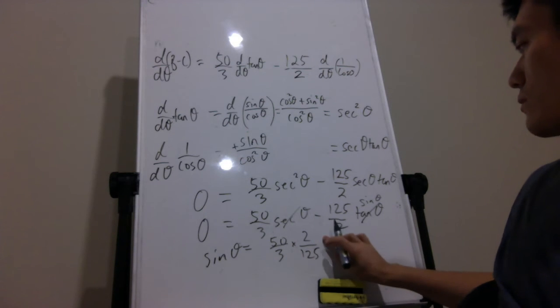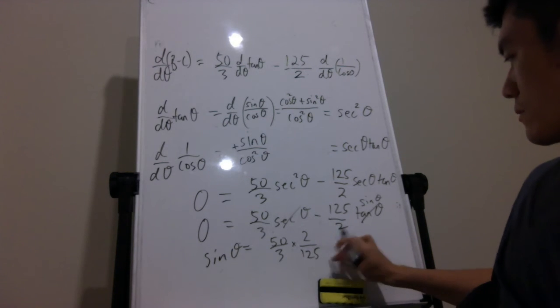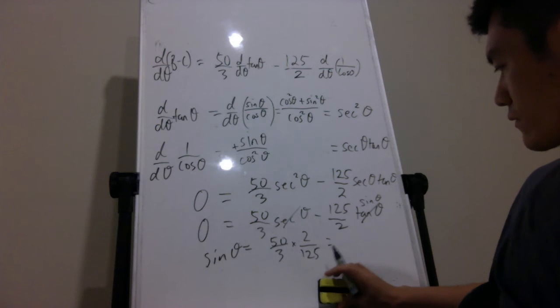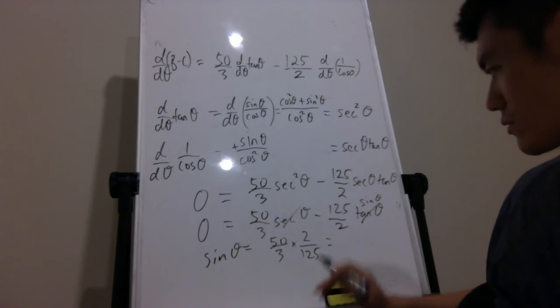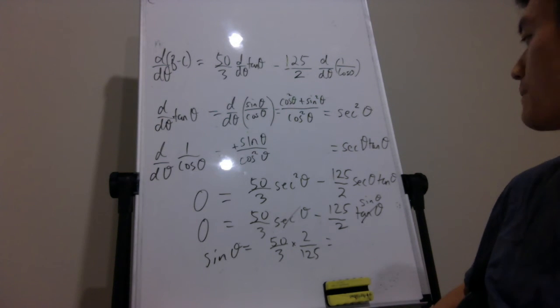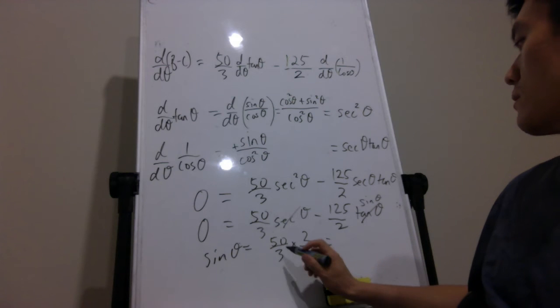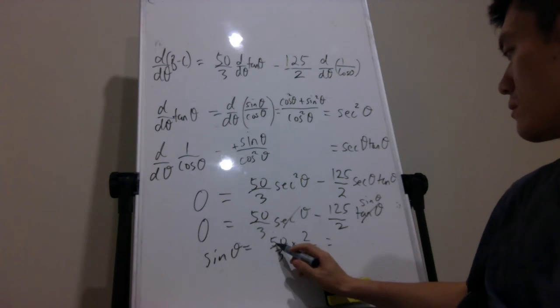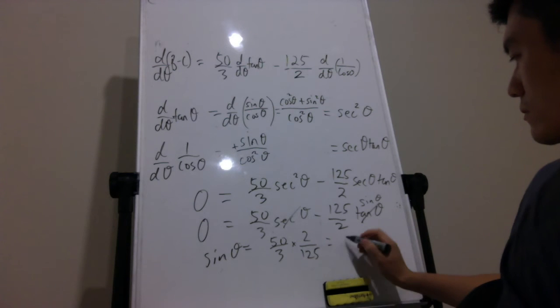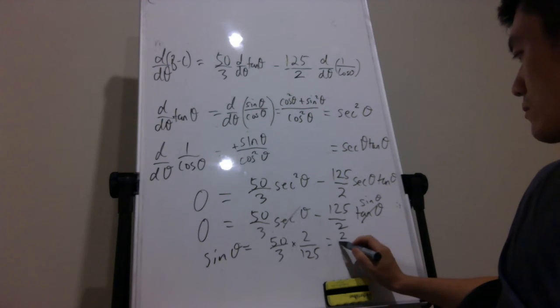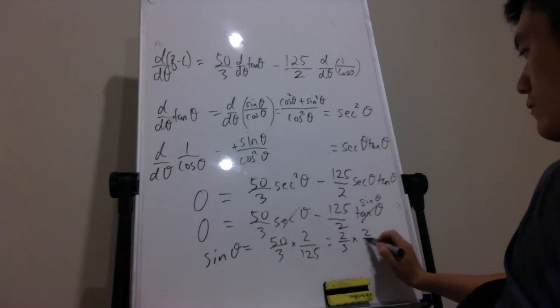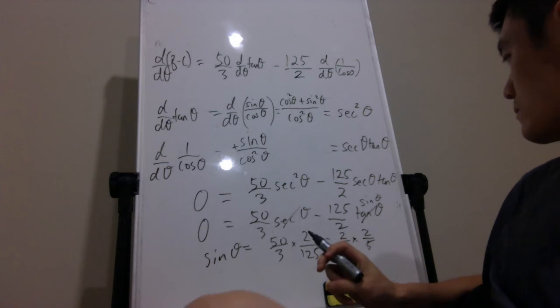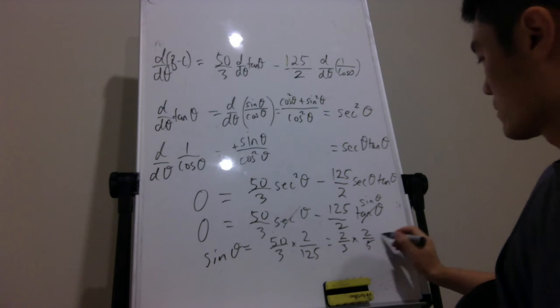I don't usually write the equal signs on the right, but just for convenience here. I usually write the equal signs below and in line. So let's simplify this fraction. 50 and 125 becomes 2 over 3 times 2 over 5, and so this is 4 over 15.